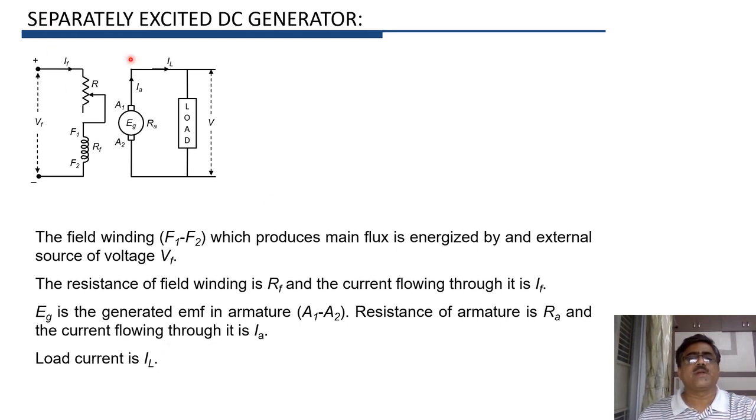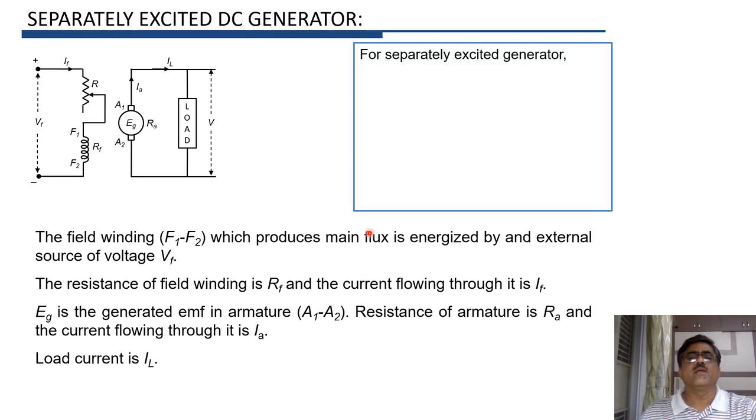Now for this separately excited DC generator, we can write important expressions. So first of all, the current IF is given by supply voltage VF divided by total resistance, and here total resistance is R plus RF because both are connected in series, and therefore in case of separately excited DC generator, IF is equal to VF upon R plus RF.